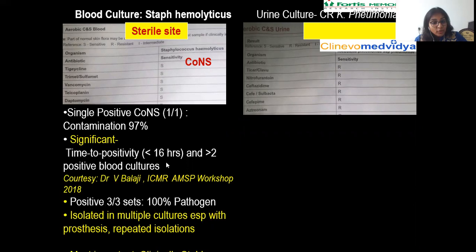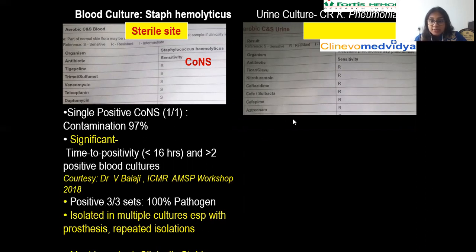And in fact, time to positive can also be used for differentiating colonization from infection. If the time to positivity is less than 16 hours, and if more than two blood cultures are positive, then it will go towards clinically significant or clinically infective. Whereas if it's a single blood culture, then it's very likely to be a contaminant.